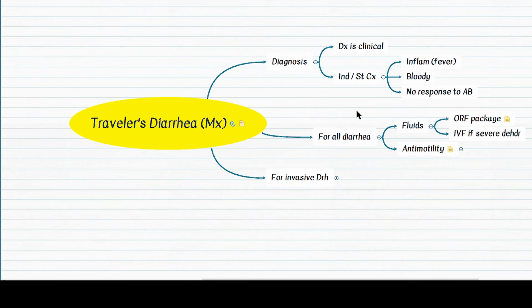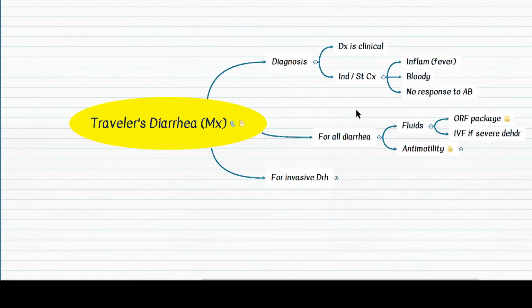Regarding fluid management, remember that oral rehydration fluid packages such as Pedialyte or ORS for patients who have oral fluid tolerance are the first step in the management. If the patient has signs and symptoms of severe diarrhea and is dehydrated or has unstable vital signs, or if the patient can't tolerate oral rehydration fluid, the next step will be IV fluid management.